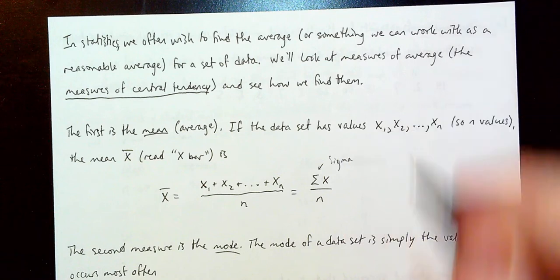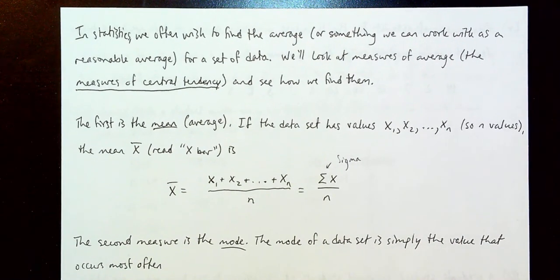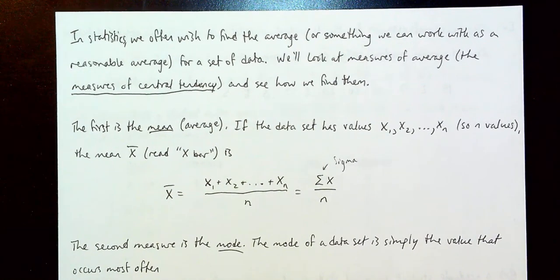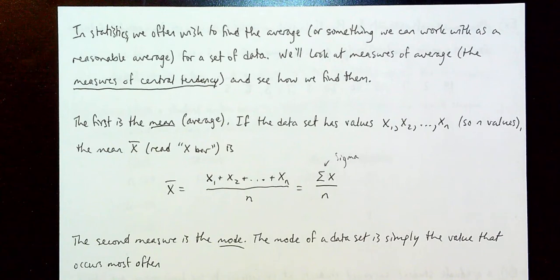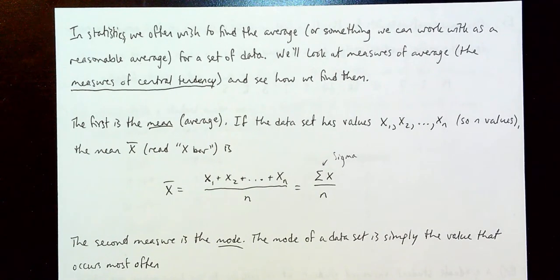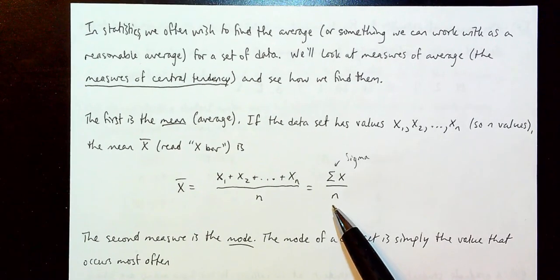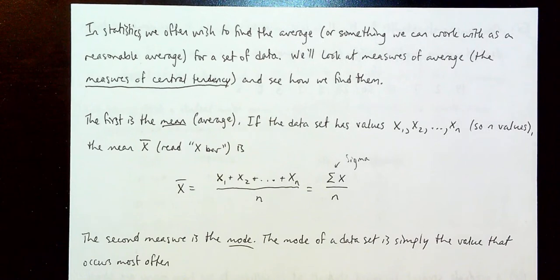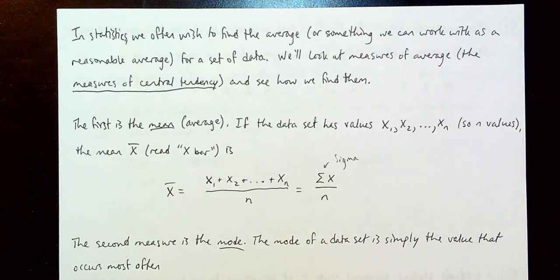Specifically, it's a capital sigma, and we typically use this capital Greek letter to stand for the sum. We're taking the sum of these x values, and then we are going to divide that sum by the number of data values that we had. So that's the first measure of central tendency.